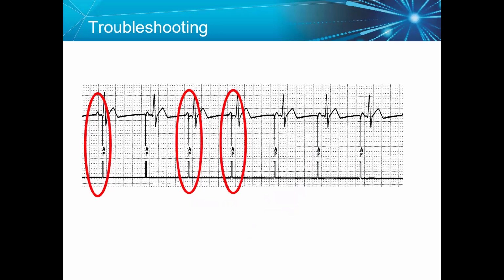And here also atrial sensing and then atrial pace after the P wave. Here atrial pace followed by a P wave, then a P wave followed by atrial pace, then a P wave followed by atrial pace. So there is also a loss of capture. Okay, loss of atrial sensing and loss of capture, and this loss of atrial sensing is because of undersensing.